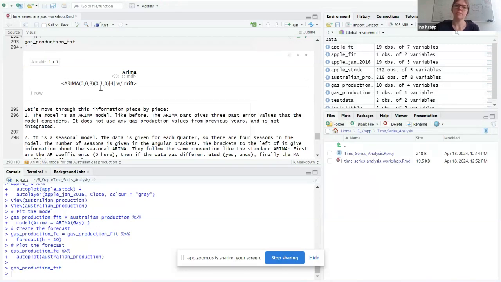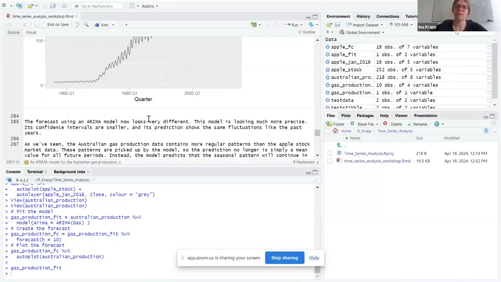Second, and this is why we have the second group of brackets here, what we are looking at now is a seasonal ARIMA model. This is something that you would usually not encounter for example in yearly data, but it is fairly common for quarterly data. Gas production is influenced by which season we have.